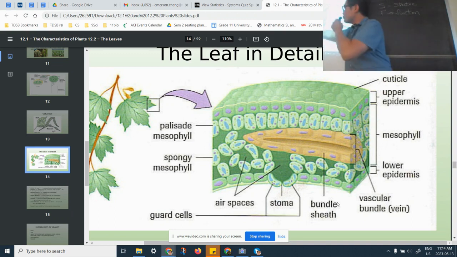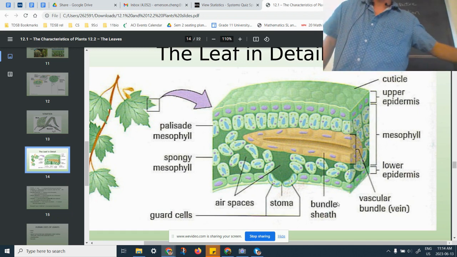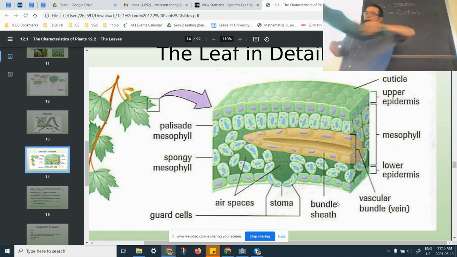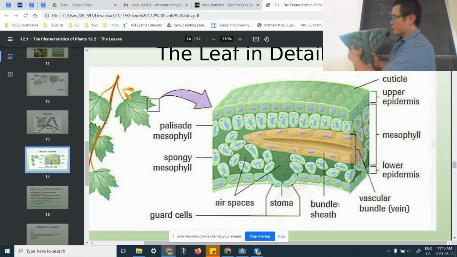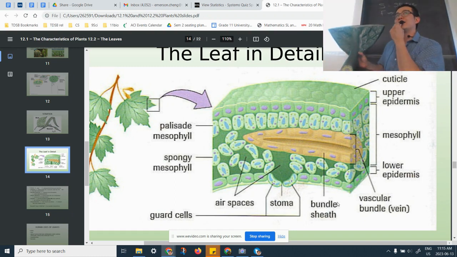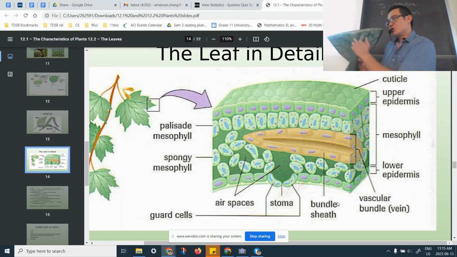On the bottom part of the leaf, this model shows you these little holes, these little pores, which allow CO2 to go in and oxygen to come out, okay? All these pores where gas can go in and come out are located there.